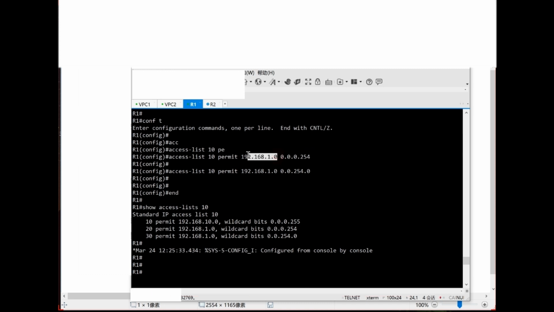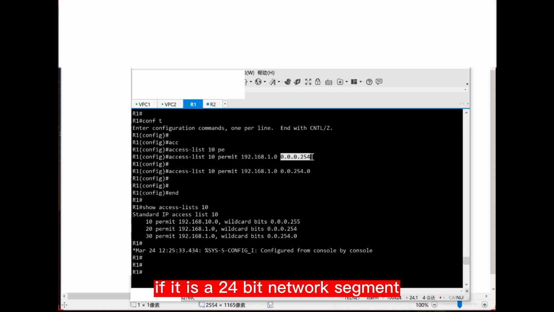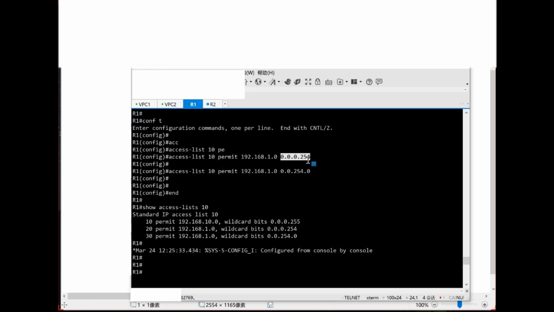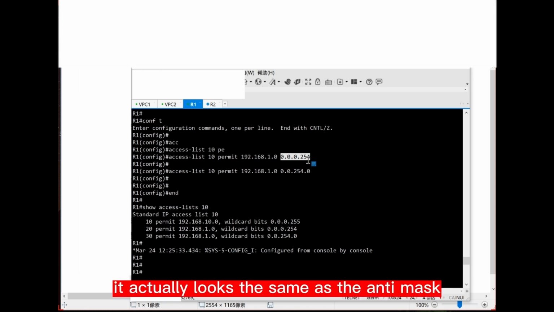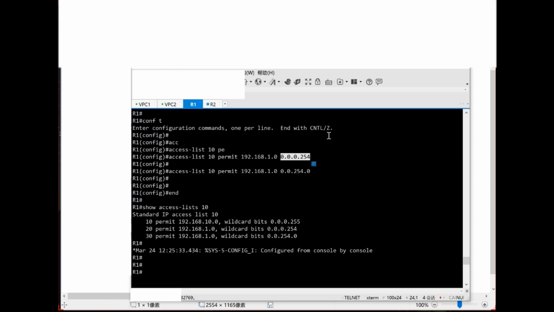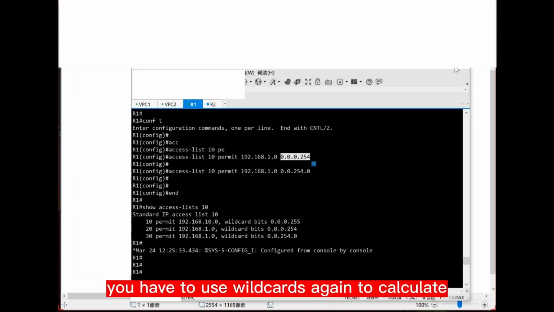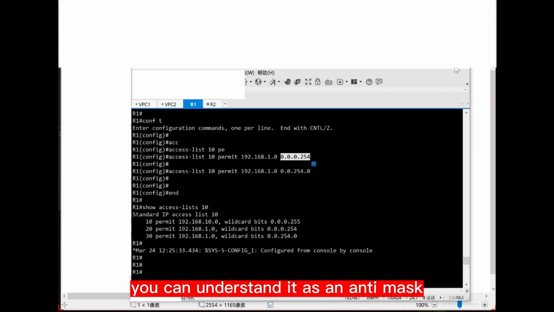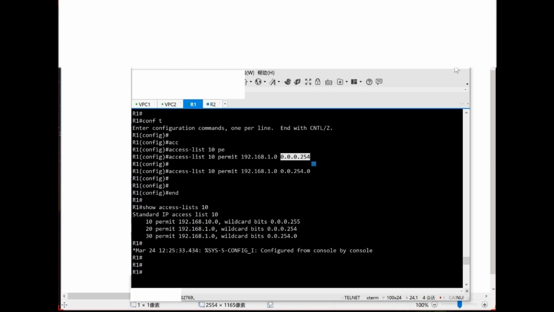Usually, for a 24-bit network segment, it is followed by 0.0.0.255. For a relatively regular network segment, it actually looks the same as the inverse mask. Unless you have special needs in the future and have to use wildcards to calculate, at this stage you can understand it as an inverse mask.